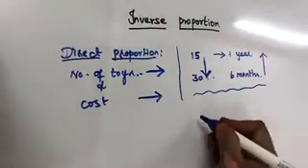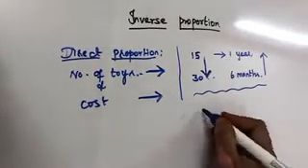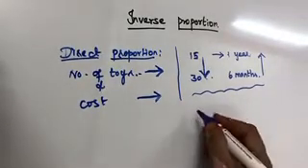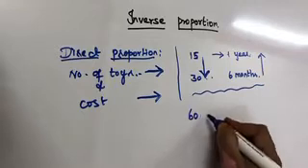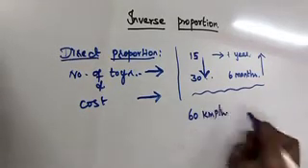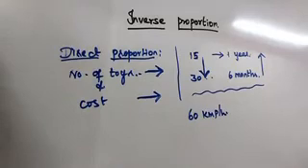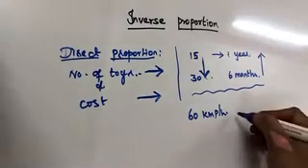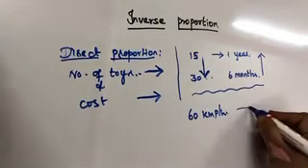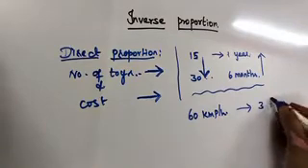Similarly, I want to travel to a particular place. With 60 kilometers per hour, I can go to the place in 3 hours.